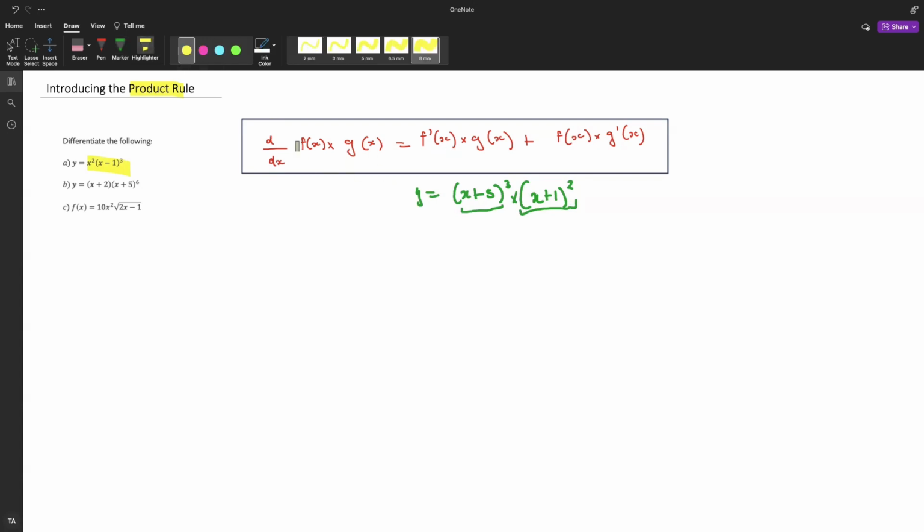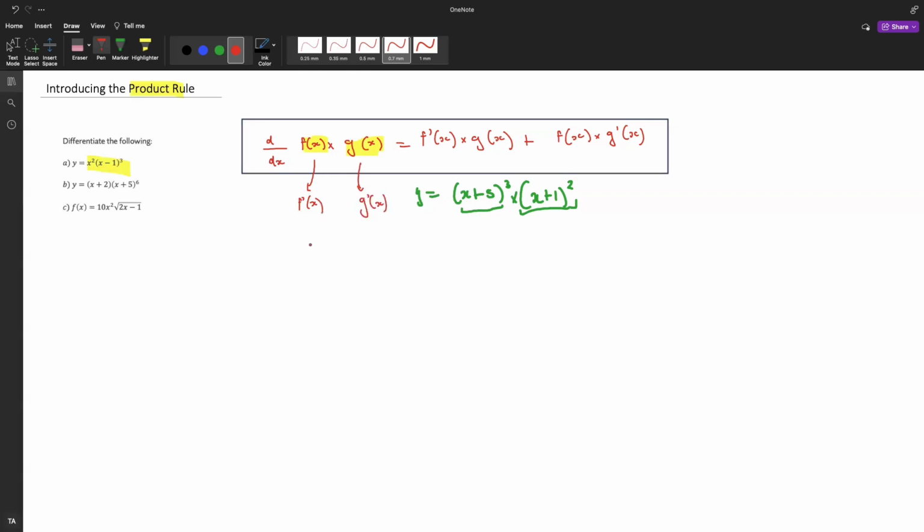So this rule basically says that if you want to differentiate a function that is multiplied by another function, what we do is we find the derivative of both these functions. Okay? We find what f dash x would be, or the derivative of f of x. And then we'll find what the derivative of g of x would be, so that's g dash x.